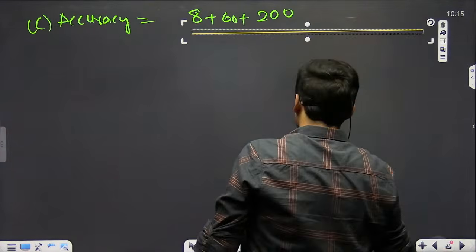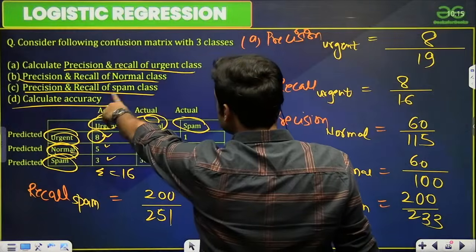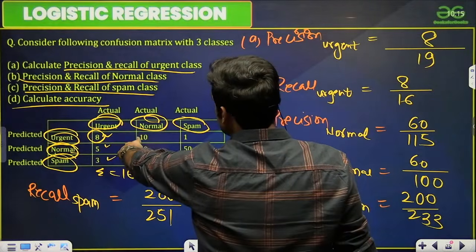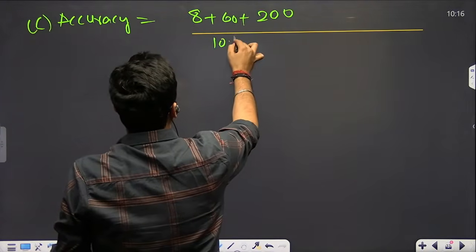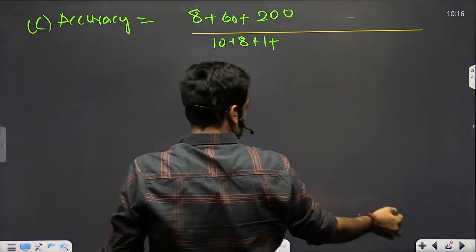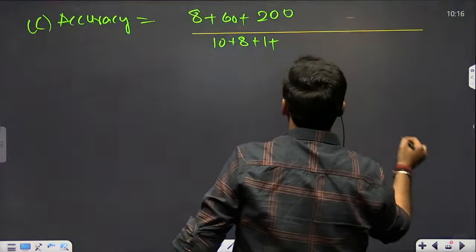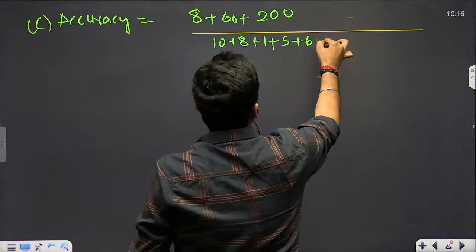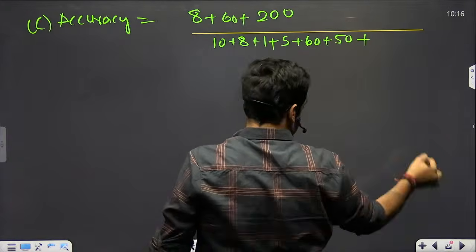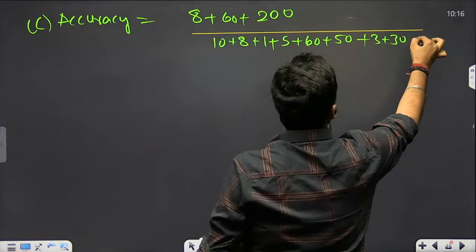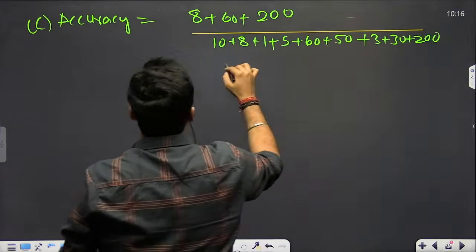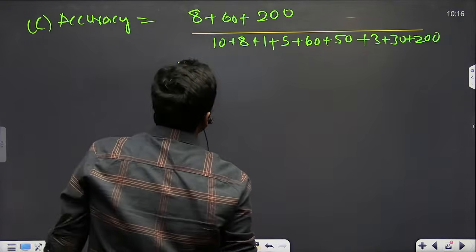the total number of samples in the data set, right? So that is 10 plus 8 plus 1, then 5, 60, 50, then 330, 200. So this will be your accuracy.